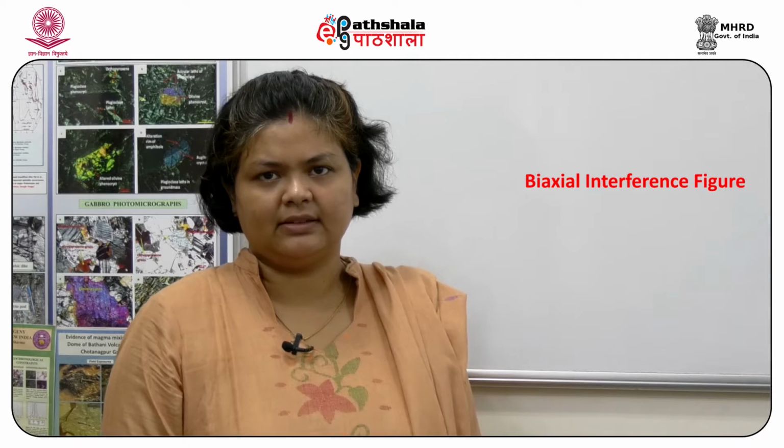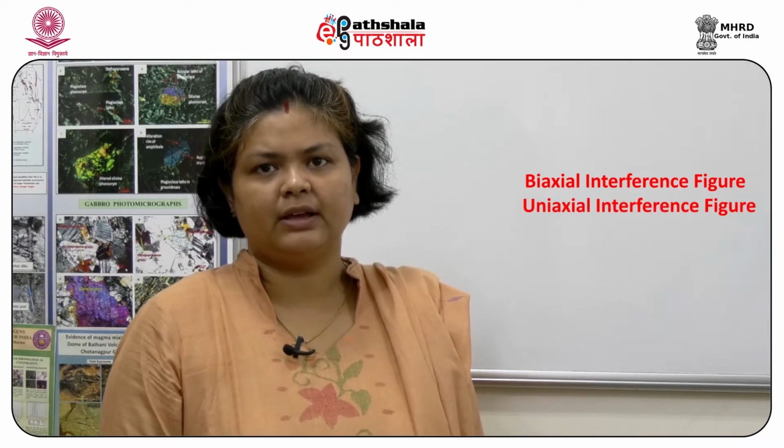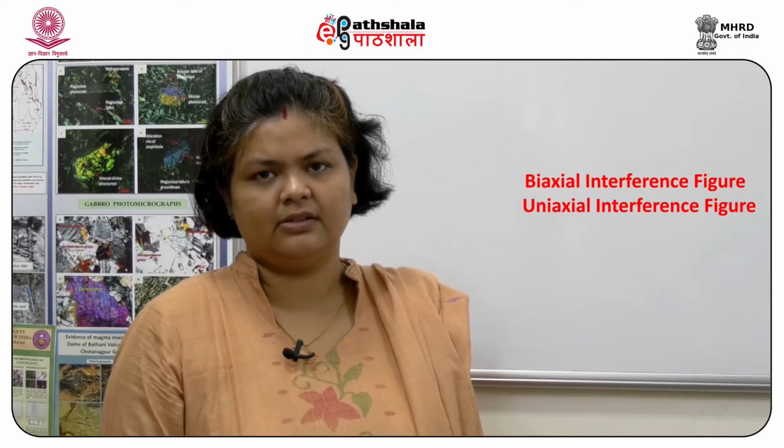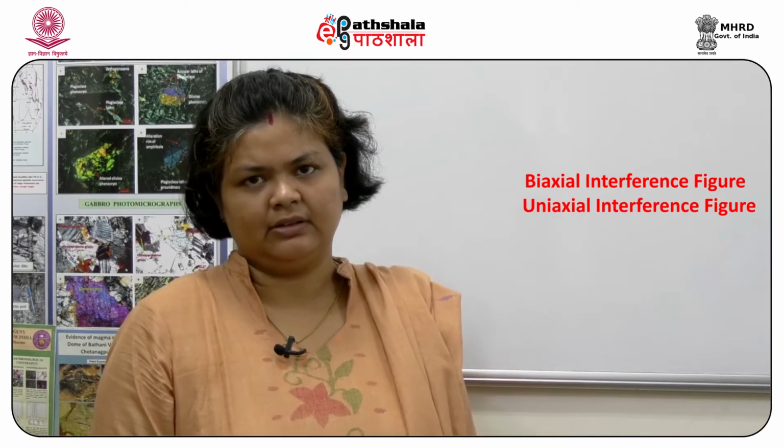So, we have two types of anisotropic minerals, biaxial with two optic axes and uniaxial with a single optic axis, and we have different sets of interference figures for uniaxial minerals and for biaxial minerals.